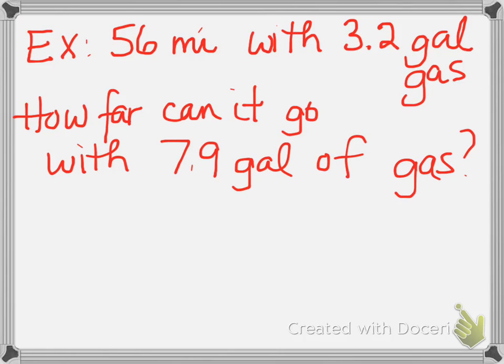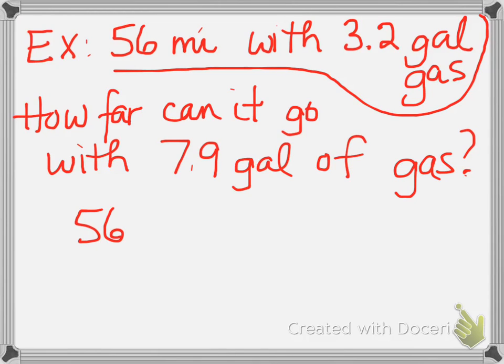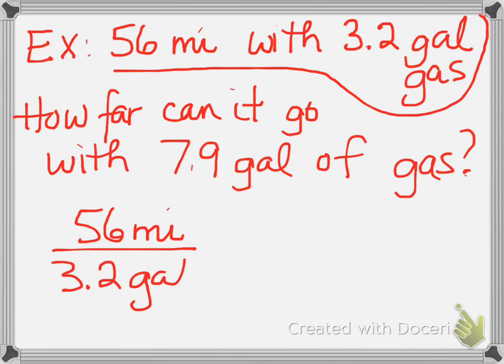Alright, so the first thing we need to do is set up our proportion. Remember the two rates, so let's write down what we know together. That's 56 miles goes with 3.2 gallons of gas. That's one rate. Then we have an equal sign and we set up our other rate.